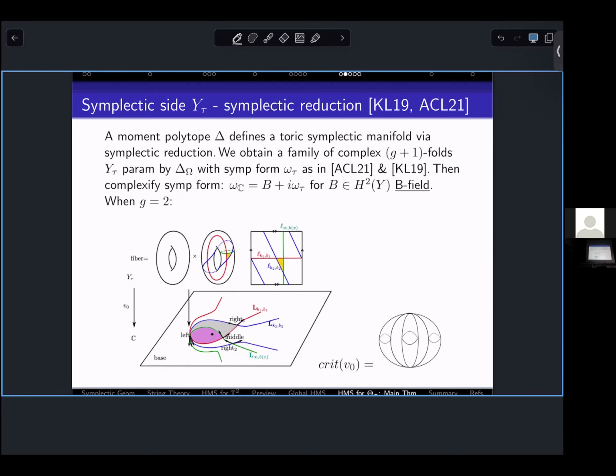The ends of the input Lagrangian have to lie above the ends of the output Lagrangian. If they don't, you have to push the ends so that they do. And the critical locus here over 0 looks like this banana manifold. So 3 P1s over 0. The T4 fiber degenerates, and the critical locus of the degenerated fiber is the banana manifold. That's the mirror to the genus 2 curve.